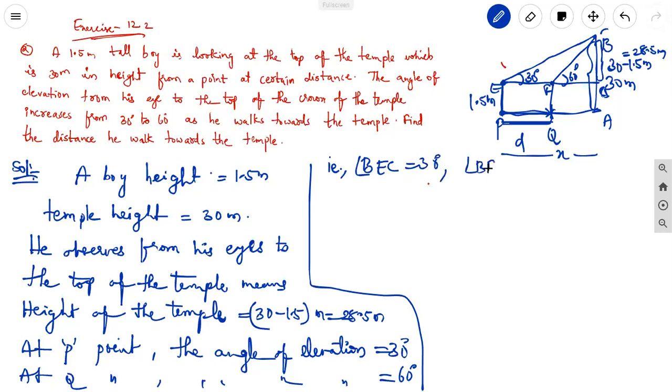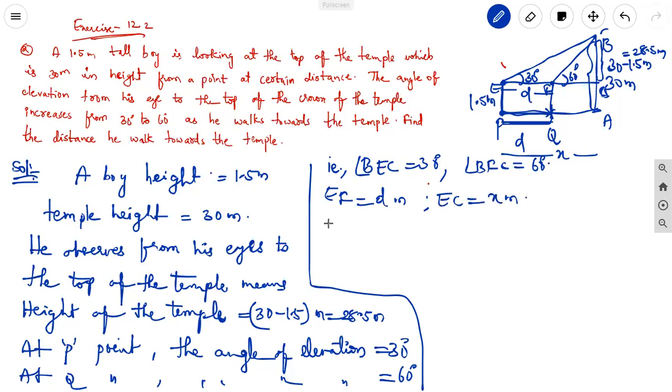Angle BFC is equal to 60 degrees. From this, the PQ distance is the same as the EF distance, equal to small d meters, let it be. And the EC distance is equal to small x meters.